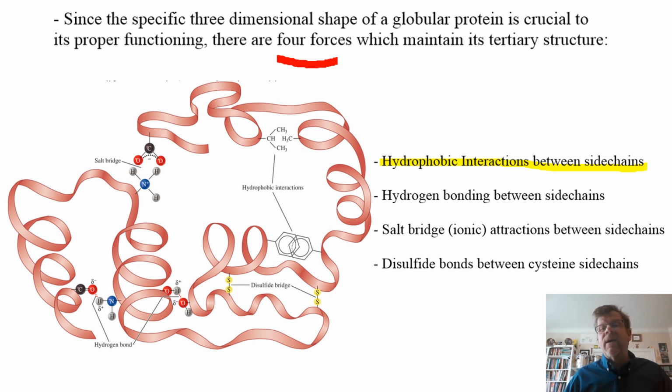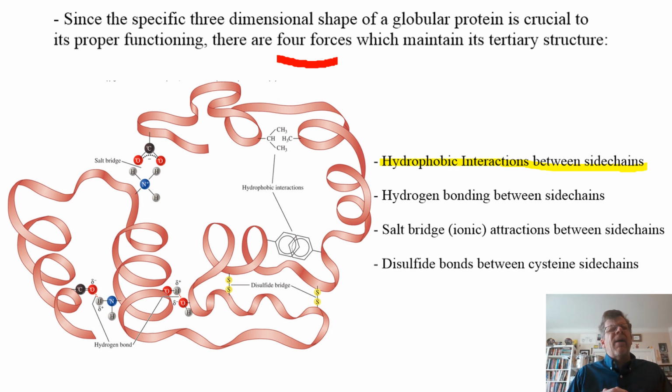In fact, so much so that the only interactions that these four forces participate in are between the amino acid side chains, nothing to do with the components of the peptide backbone, those hydrogen bondings. So getting back to what I was bringing up first, hydrophobic interactions between side chains.